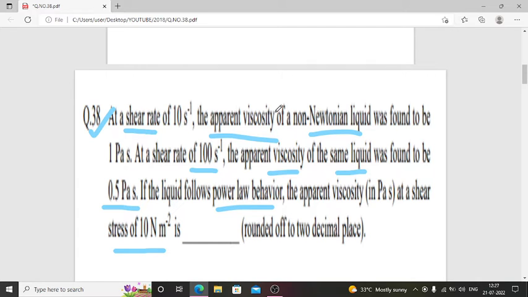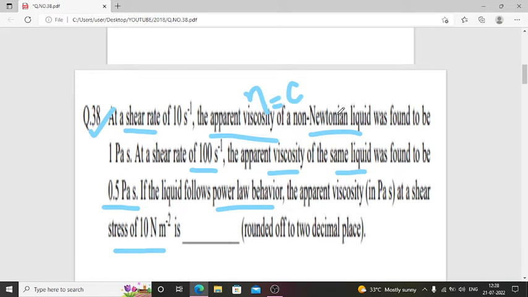So what is apparent viscosity? In fluid mechanics, apparent viscosity is the shear stress applied to a fluid divided by the shear rate. Apparent viscosity is denoted as eta. For a Newtonian fluid, apparent viscosity eta is constant, equal to the Newton viscosity of the fluid.